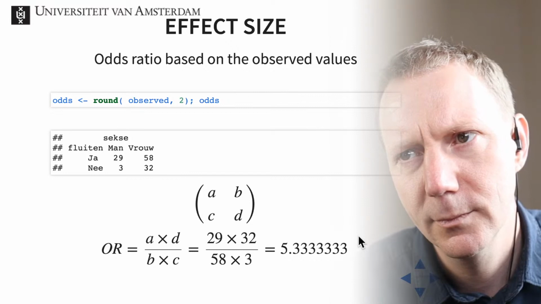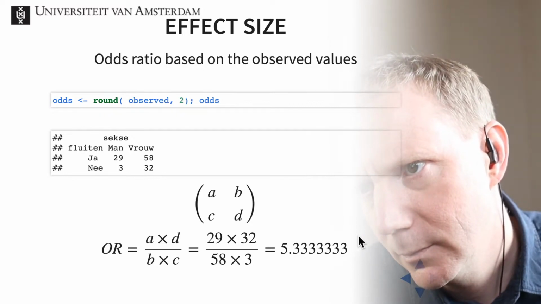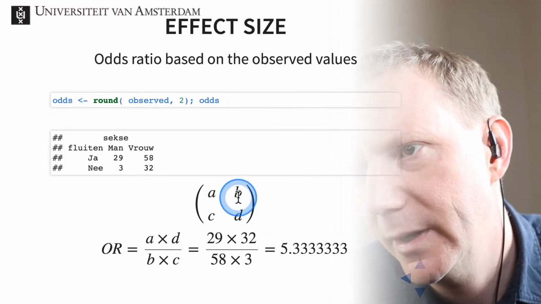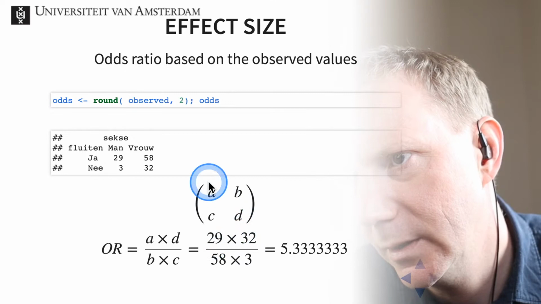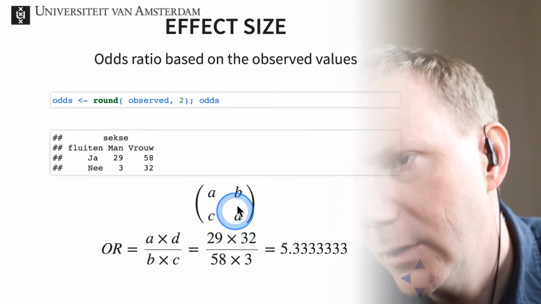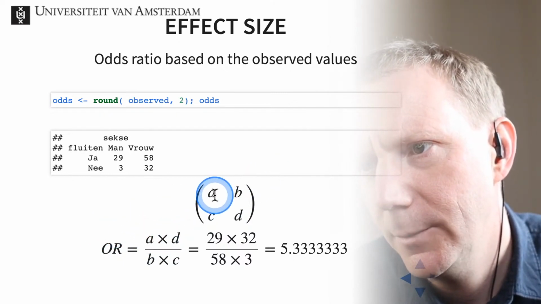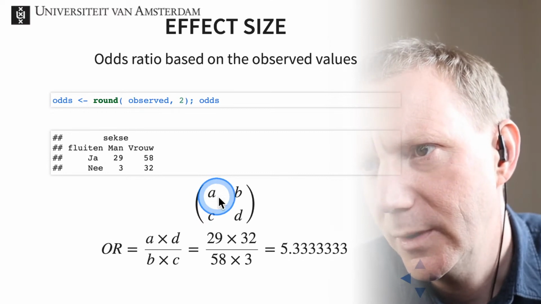You mentioned that you multiply, so in the formula, it's A times D, not A times B. Oh, sorry. No, it's A times D. It's a good point that you're making.